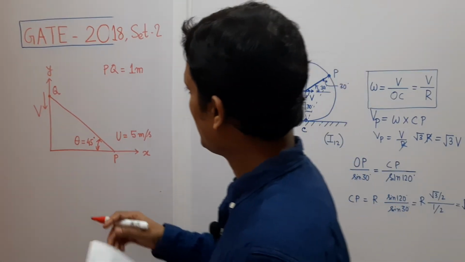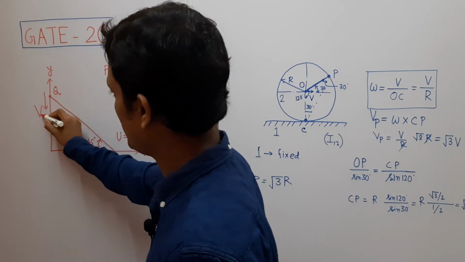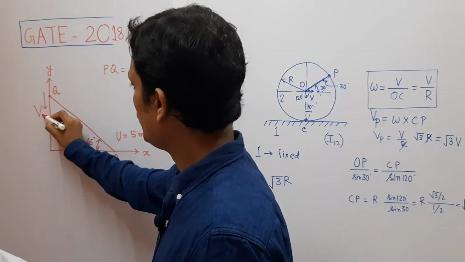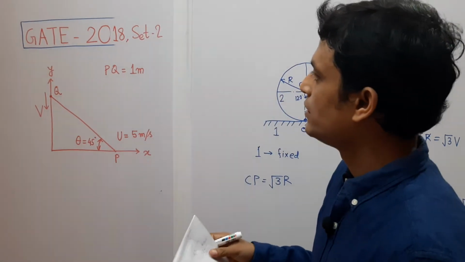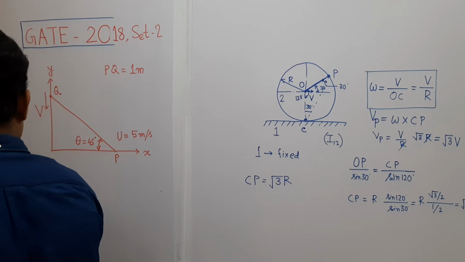And you have to calculate the velocity at point Q, which is denoted by v. So you have to determine the magnitude of v.